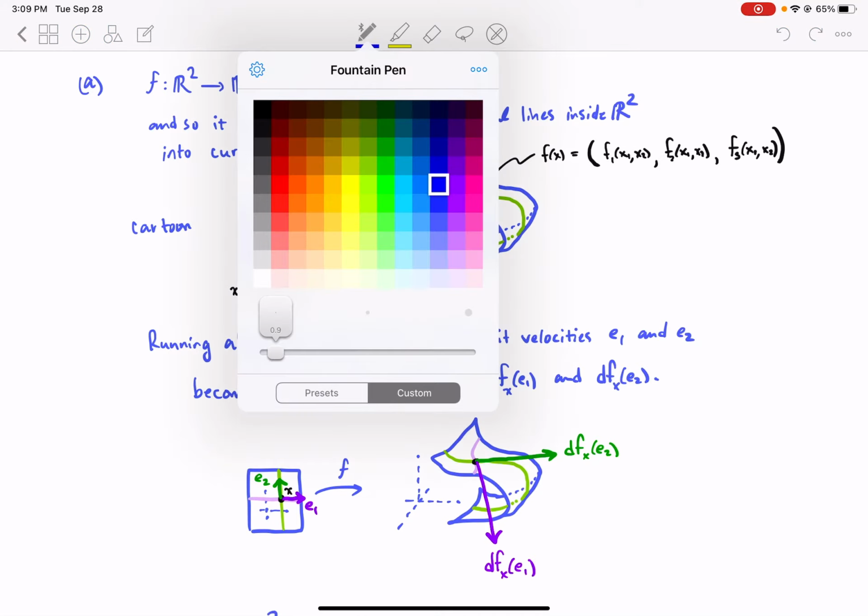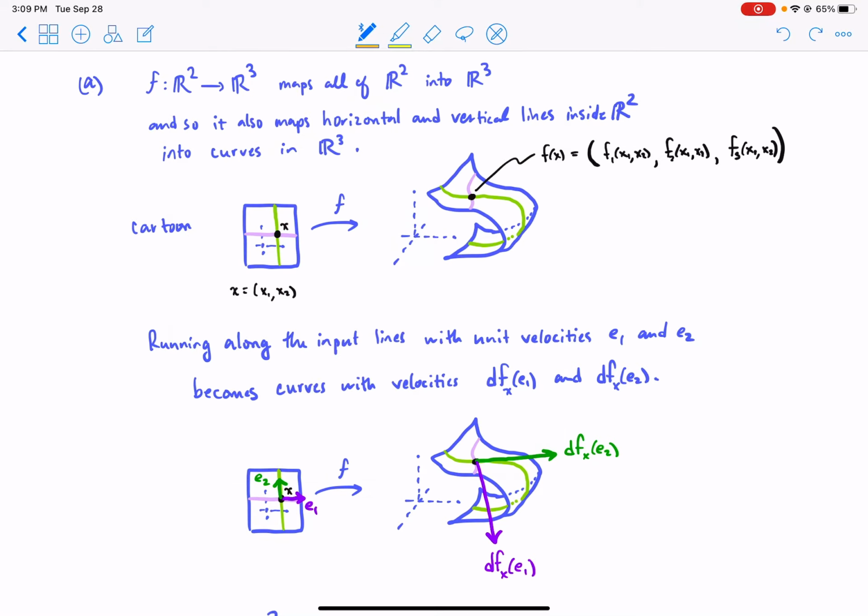And actually, what we'll see is that if this was an orange square, then the nonlinear map F takes that orange square to some sort of curvy orange thing on the surface.